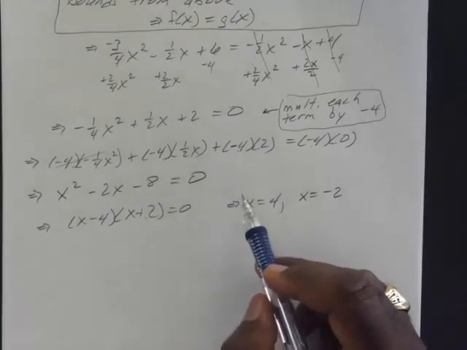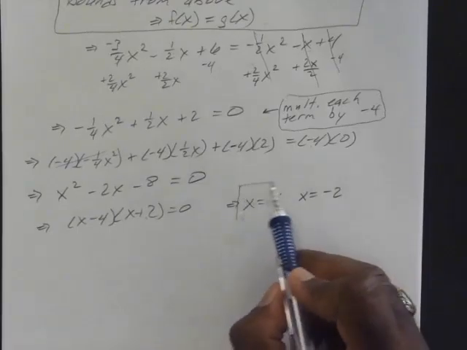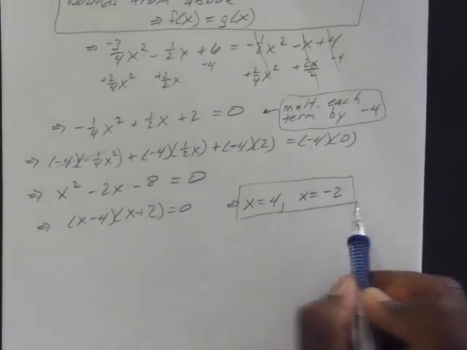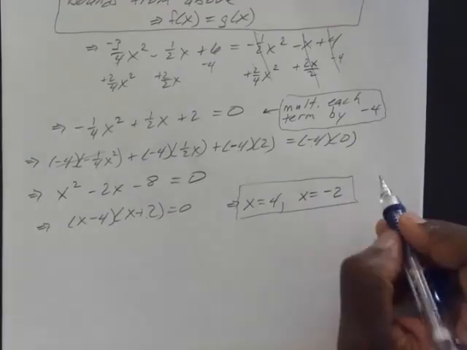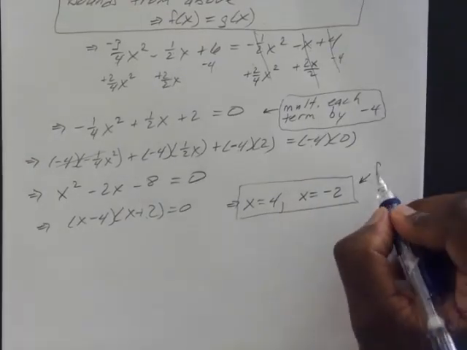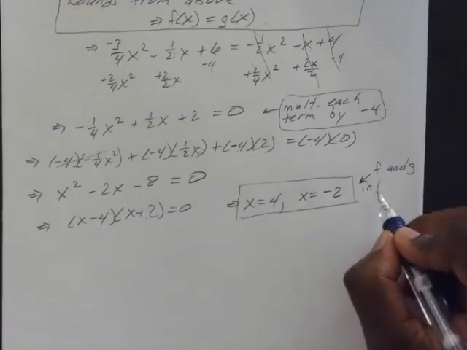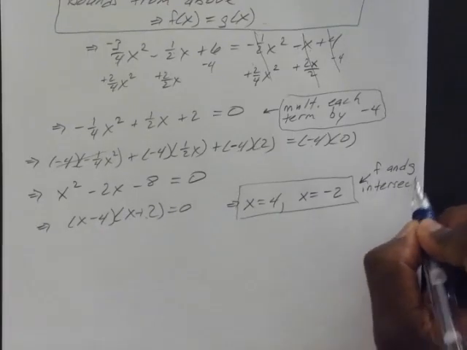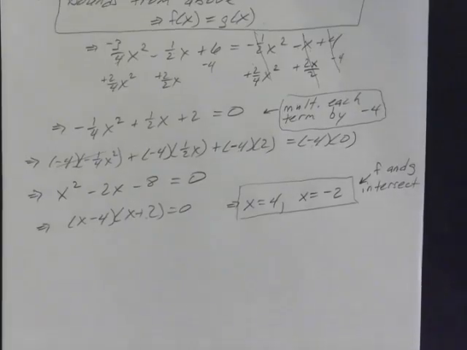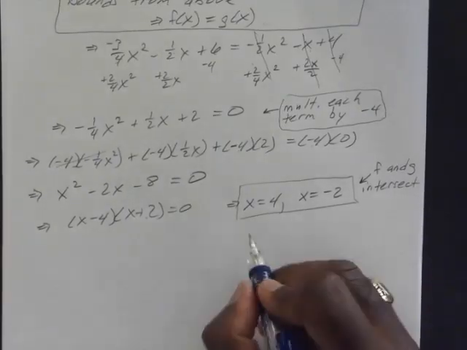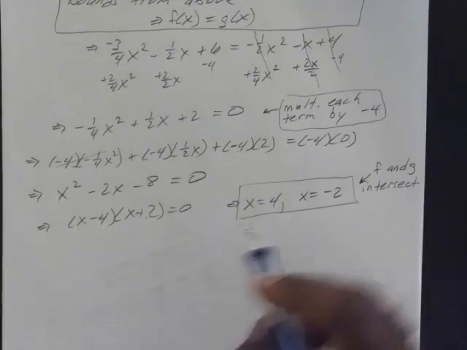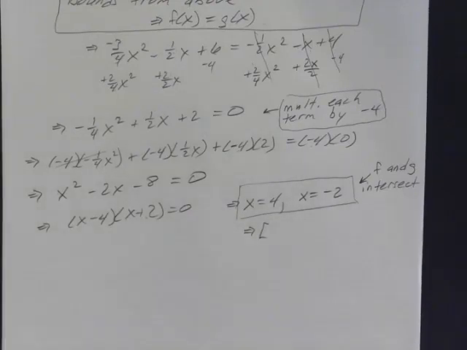Okay, so since they intersect at those two values, let me write a little note: f and g intersect. We know that our interval must be between those two values.